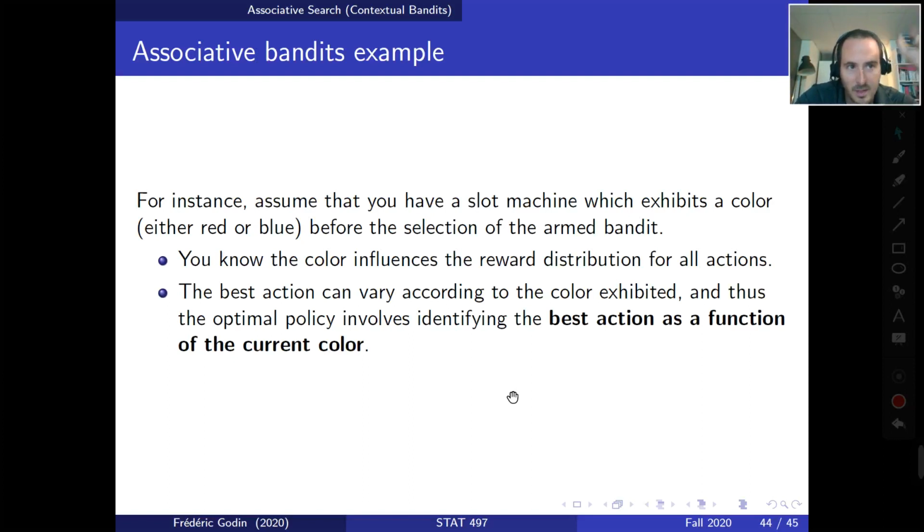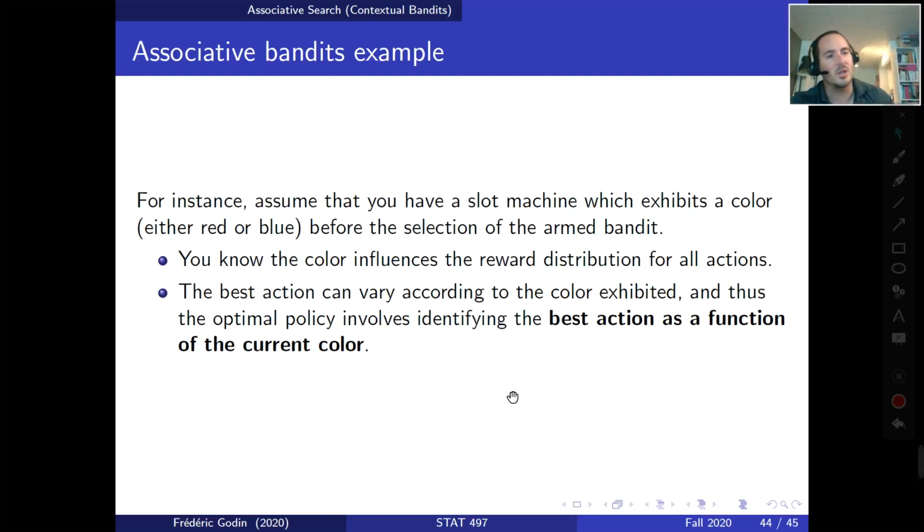So maybe when the light is red, it's one action that is optimal. When the color is blue, it's another action that is optimal. So in that case, you have to find not only a best action, but what is the best action for each state. Okay, so this is a generalization of the K-arm bandit problem, which is called associative bandits.